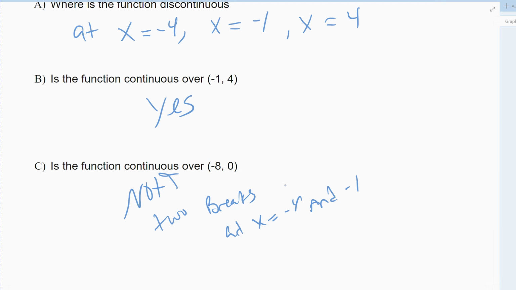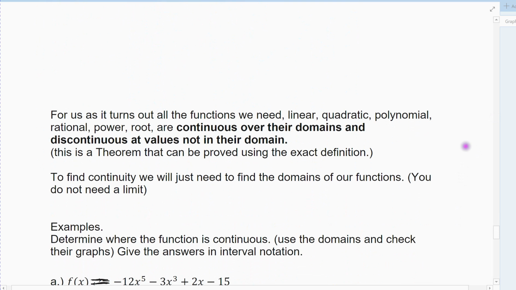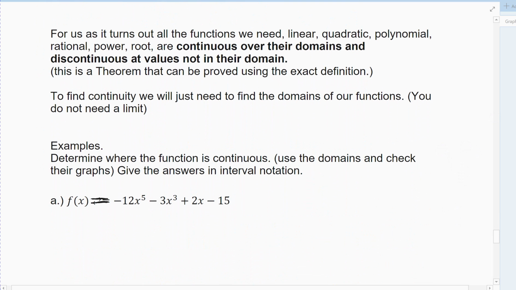The last thing: as it turns out, for almost all of the functions that we deal with, with the exception of piecewise functions, linear, quadratic, polynomial, power, root, all of our main functions are continuous. That's why I said that domain piece was really the most important part. If we can find a function's domain, we know where it's continuous.